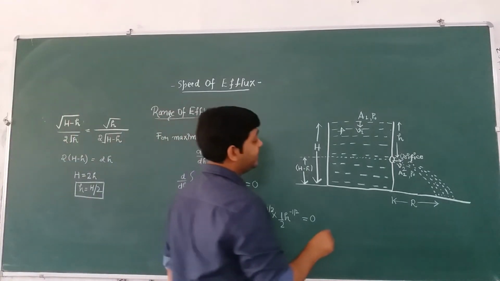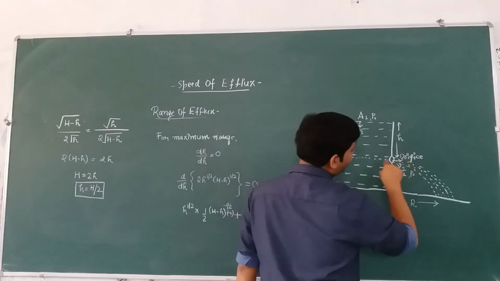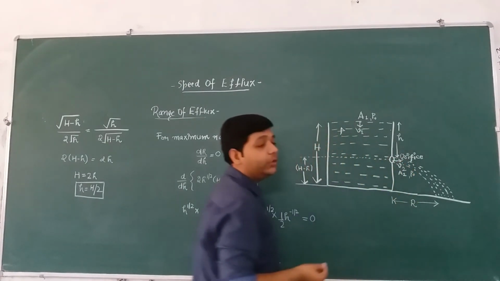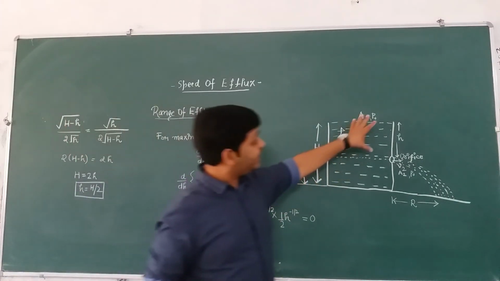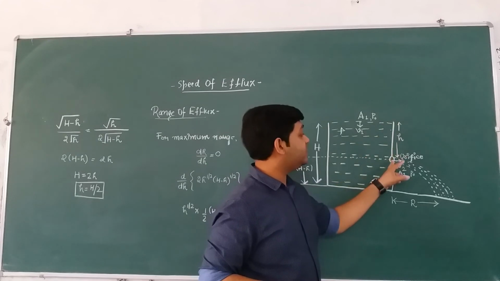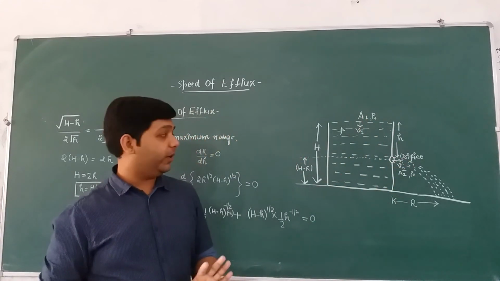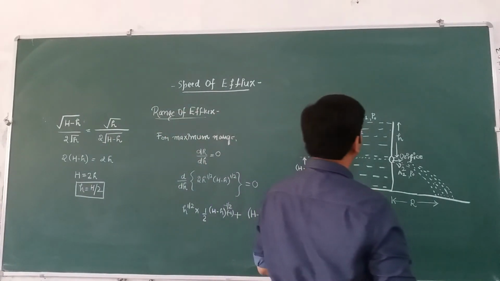Just now we have seen that if there is an orifice like this, the velocity with which the liquid inside the container comes out is equal to root 2 gh, where h is the depth at which the orifice is located from the upper surface of the liquid. Fine.